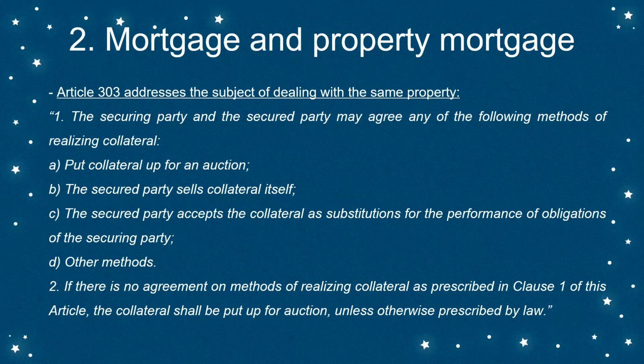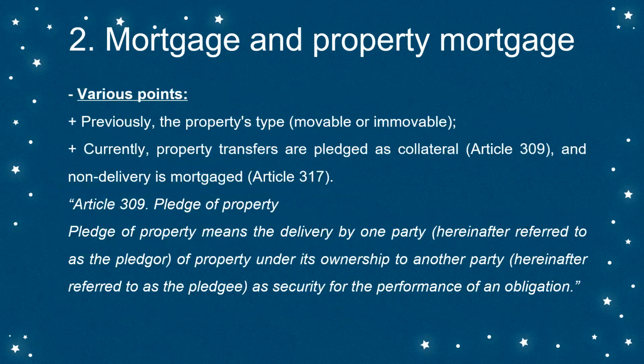If there is no agreement on methods of realizing the collateral as prescribed in clause 1 of this article, the collateral shall be put up for auction unless otherwise prescribed by law.